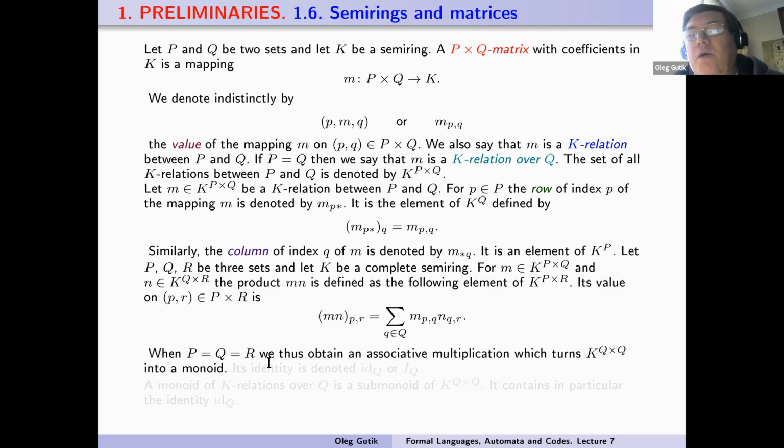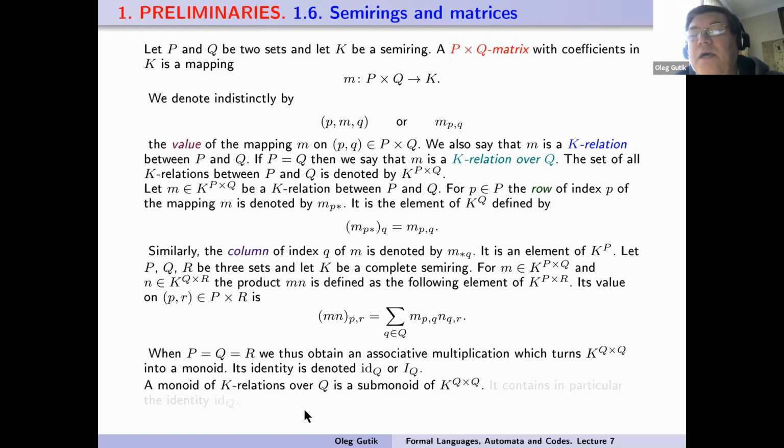And when P is equal to Q is equal to R, we thus obtain a multiplication which turns K-relations on Q into a monoid, and its identity is denoted by I_Q.